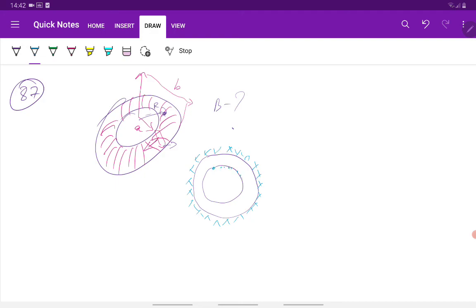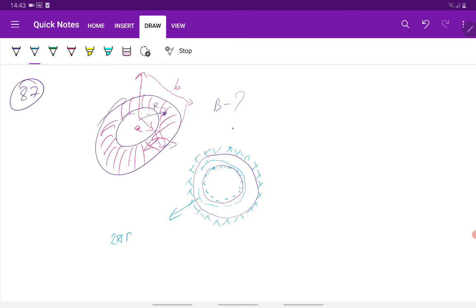Current going here into the page. So actually here we have Ampere's loop, and the current goes only into the page here, right? Into the page. So we are given N, so 2 pi r.